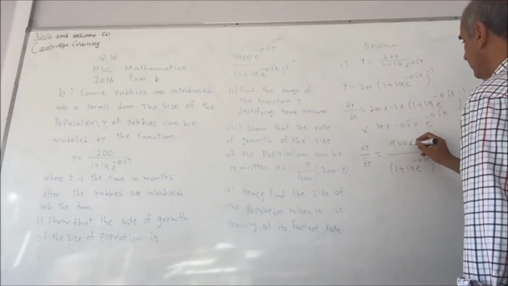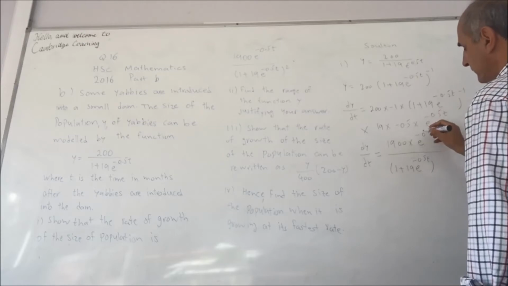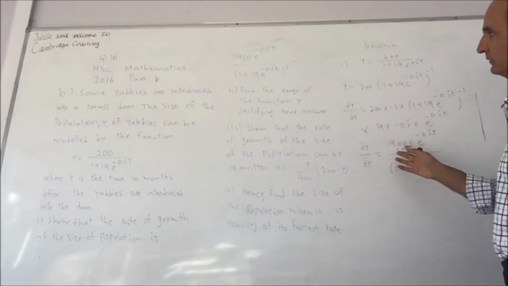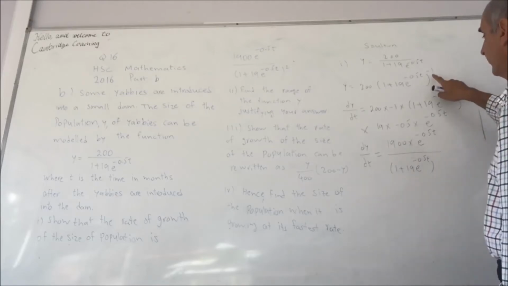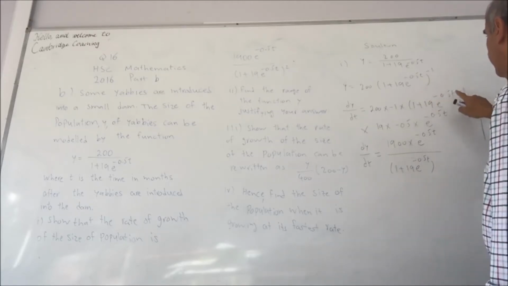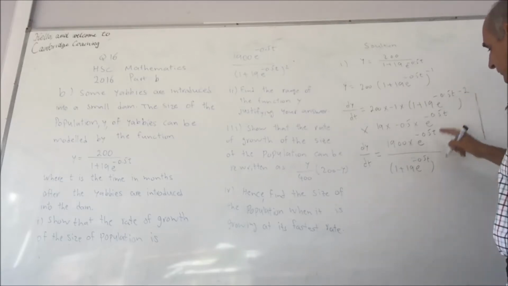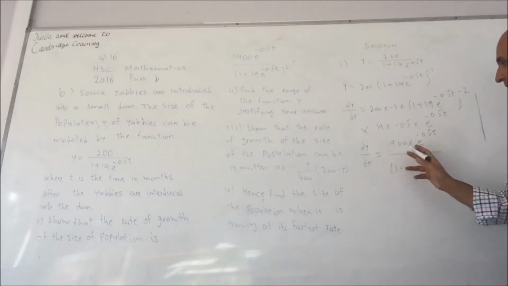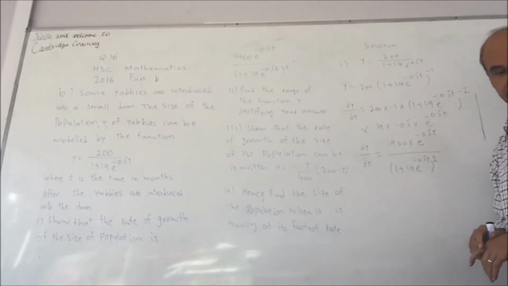And this one, keeping its power, we can keep at the numerator. Okay, so that is what they asked us to prove. Sorry, I should have decreased the power of that by 1 to minus 2. So that means this goes into the denominator and becomes squared. So you have dy over dt equal to that, as they asked us to show.